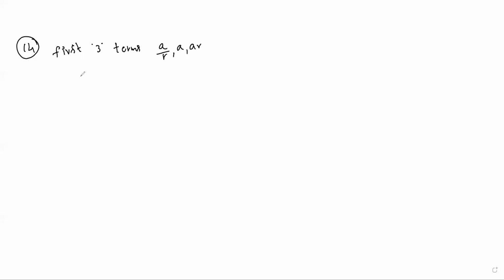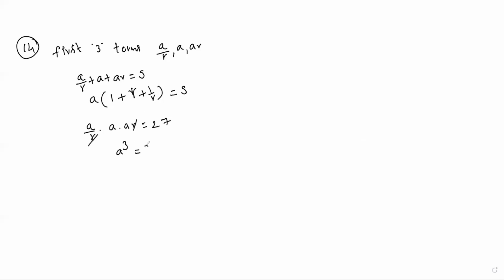Their sum is given as S: a by r plus a plus ar is equal to S. Their product, if you multiply these 3 terms a by r, a, ar, is given as 27. Here r and r get cancelled. a cube is equal to 3 cube, so a is equal to 3.